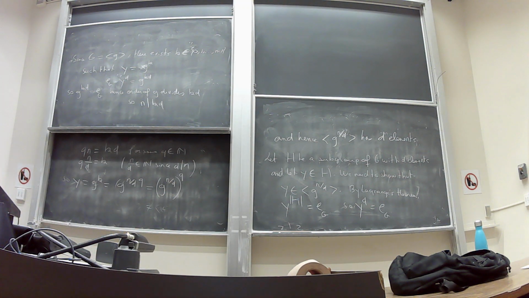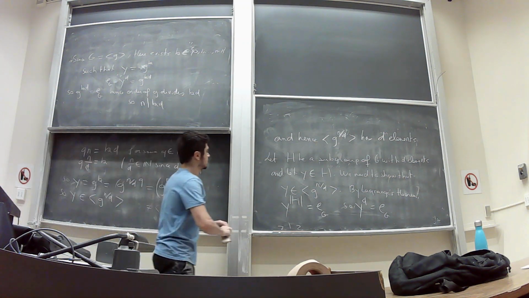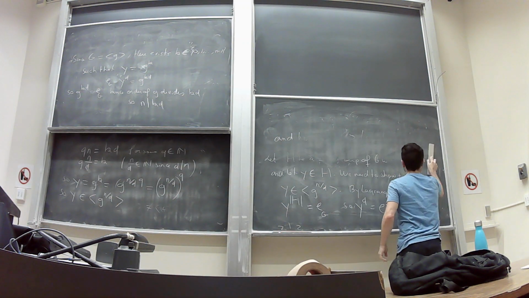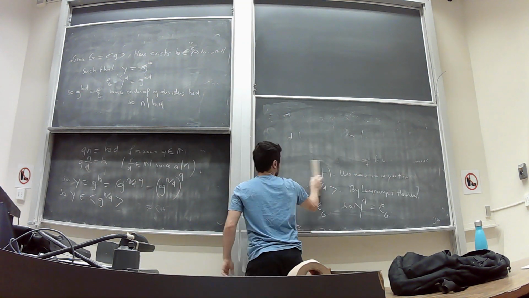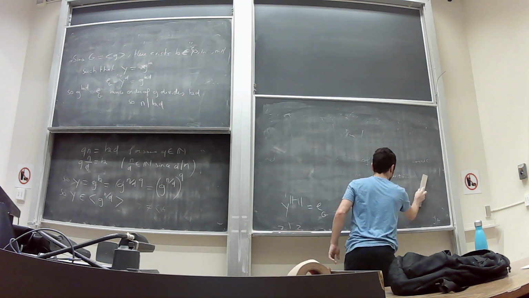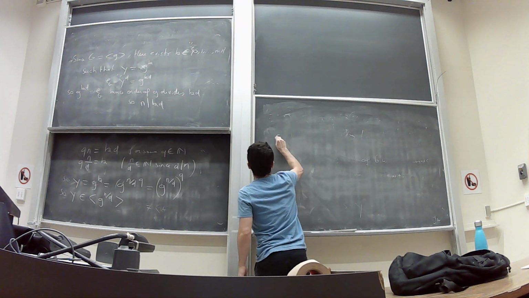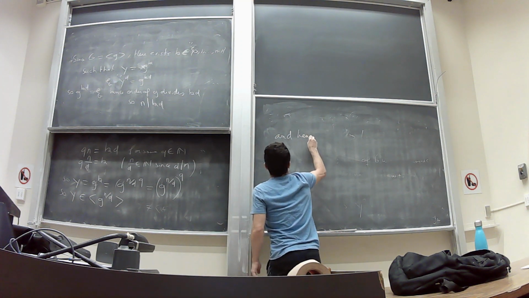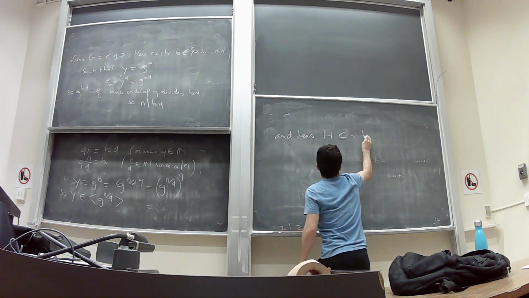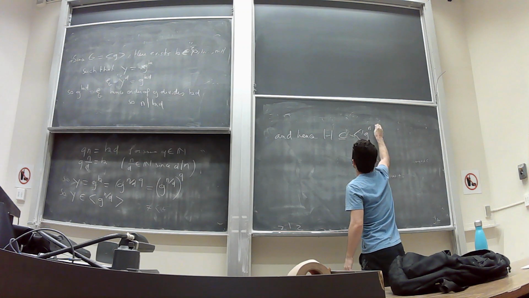So really y is a power of g to the n over d. So y belongs to the subgroup generated by g to the n over d, and hence H is a subgroup of the subgroup generated by g to the n over d.